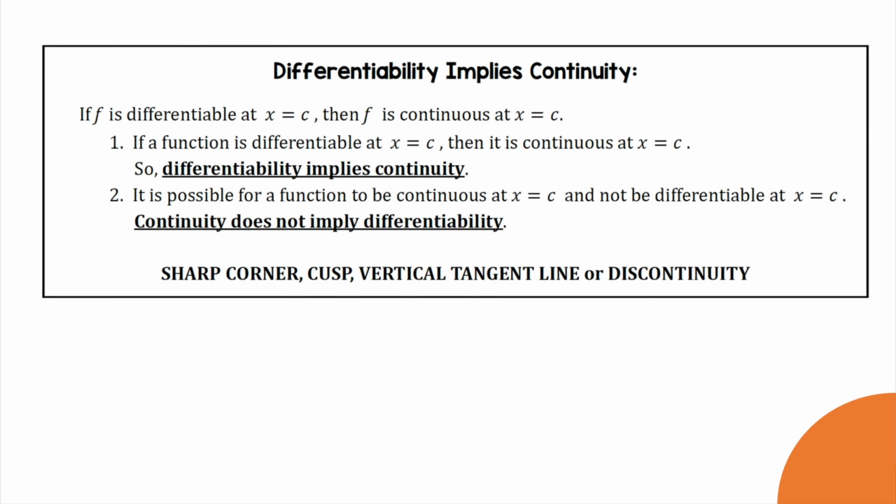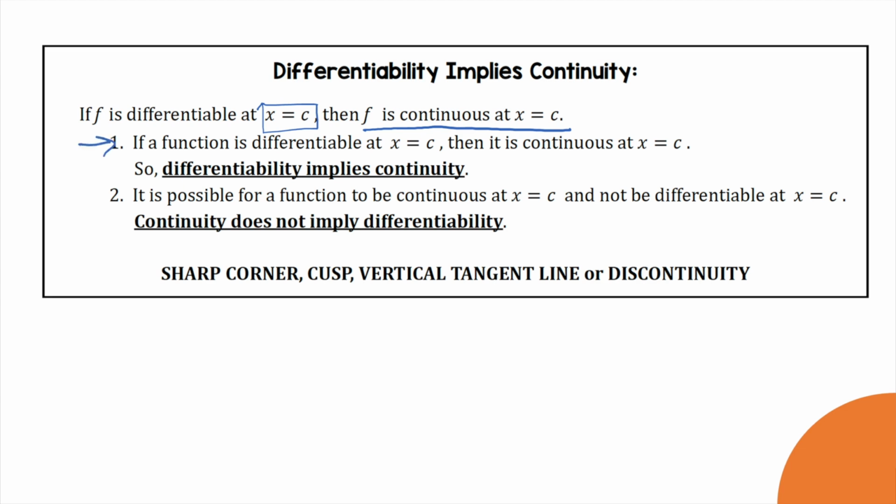Now this is a kind of cool thing. Differentiability implies continuity. If f is differentiable at a certain point, x equals c, then we automatically know that f is also continuous at c.